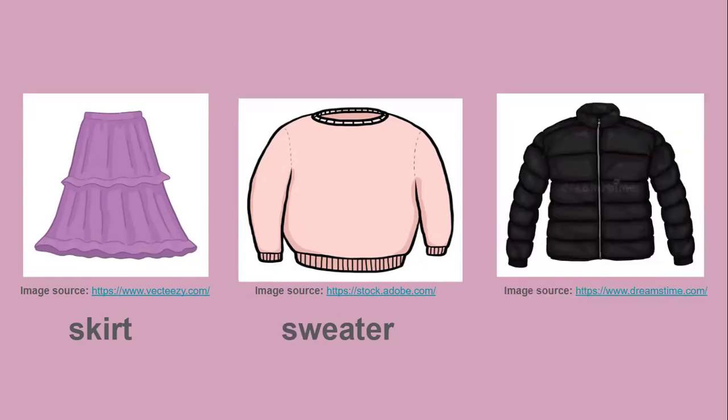Next item, it's called a jacket, jacket. Also, this one, you can wear it in winter. Okay, so these are some of the clothing items. We can move to the next one.